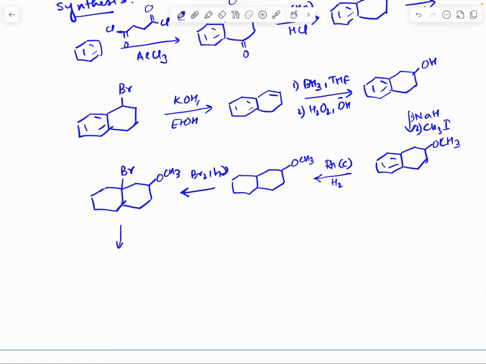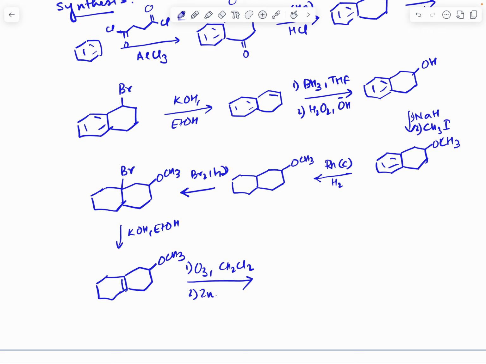And then if I do KOH and ethanol again, that would create a double bond right in between the rings. And then I could just cleave that double bond using an ozonolysis. So that would be ozone, step 1, you can use CH2Cl2.